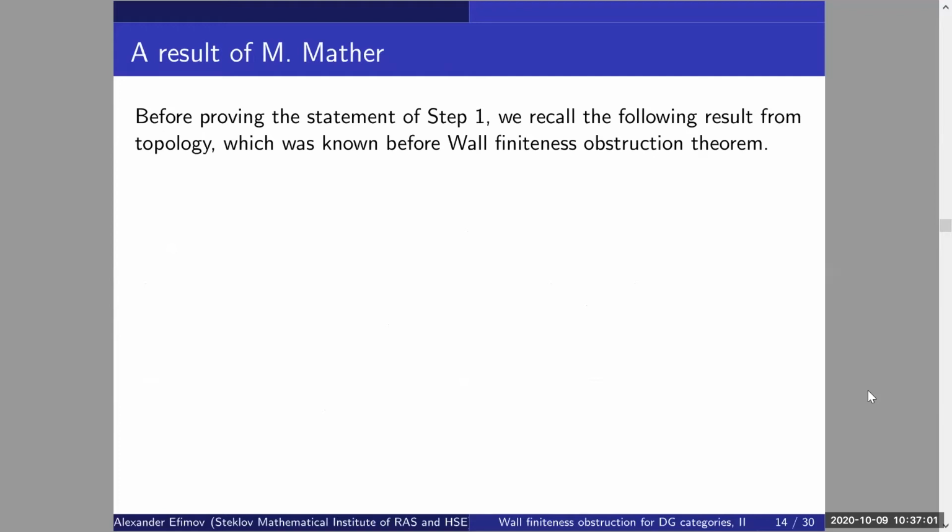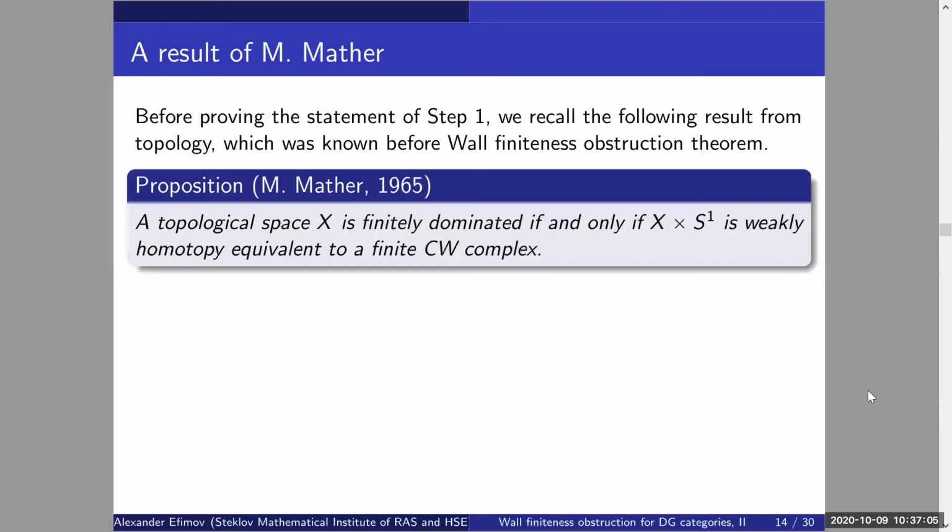It's a very old result by Mather, 1965: a topological space X is finitely dominated if and only if X times S1 has the homotopy type of a finite CW complex. I defined this property of being finitely dominated for CW complexes, but for general topological spaces, it's just being a retract of a finite CW complex in the homotopy category.